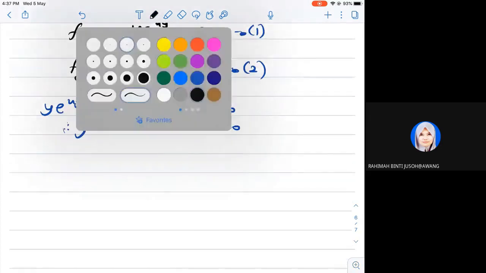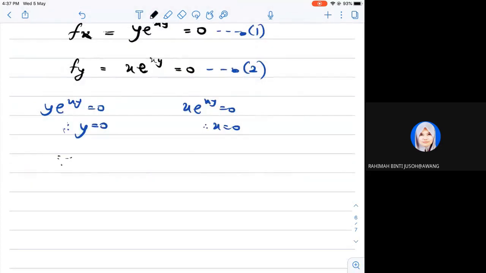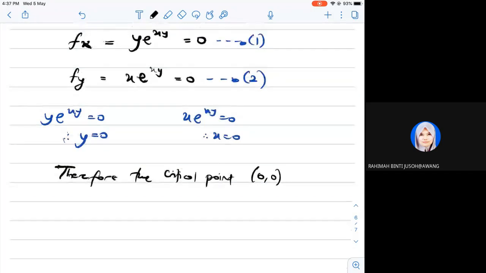So therefore, the critical point is 0, 0. Okay, now dah dapat critical point. Step seterusnya ialah you kena cari fxx.